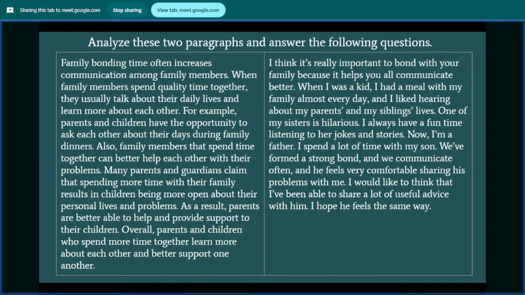Okay. So the first para looks more like an article which we get to read in a newspaper. For me, I felt like it shows the analysis of how it feels spending time together for a family, and how easy it is for them to share everything. And the second para is more about a personal experience.